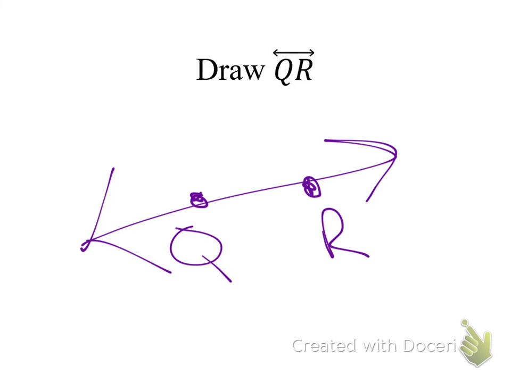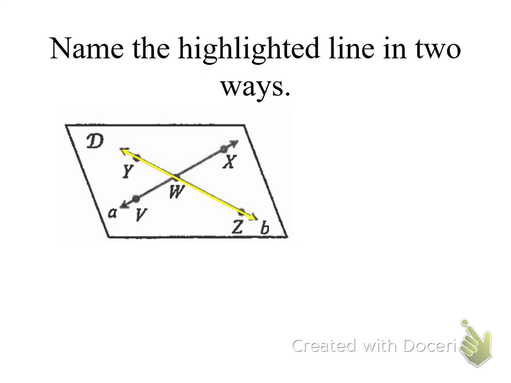All right? Next thing, name the highlighted line in two ways. Name the highlighted line in two ways. Two ways. Oh. Is that one my marker? Yes. There's a black one.